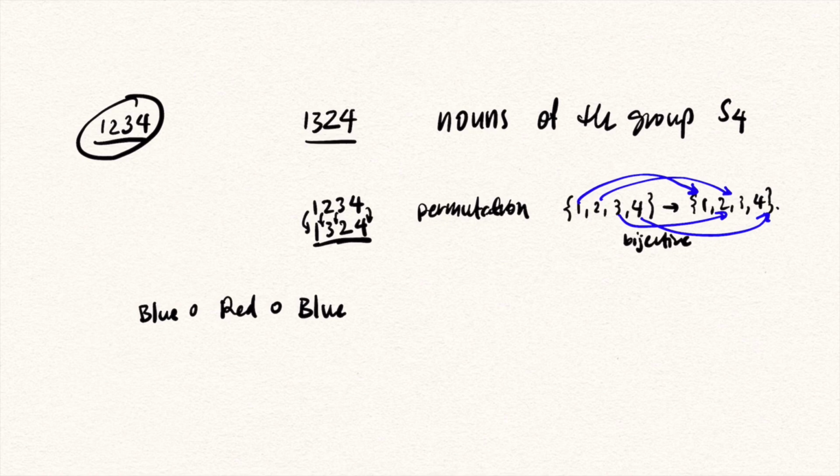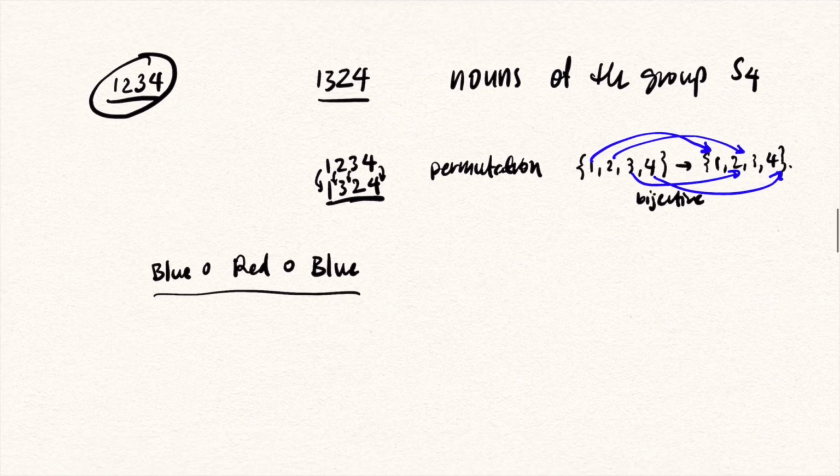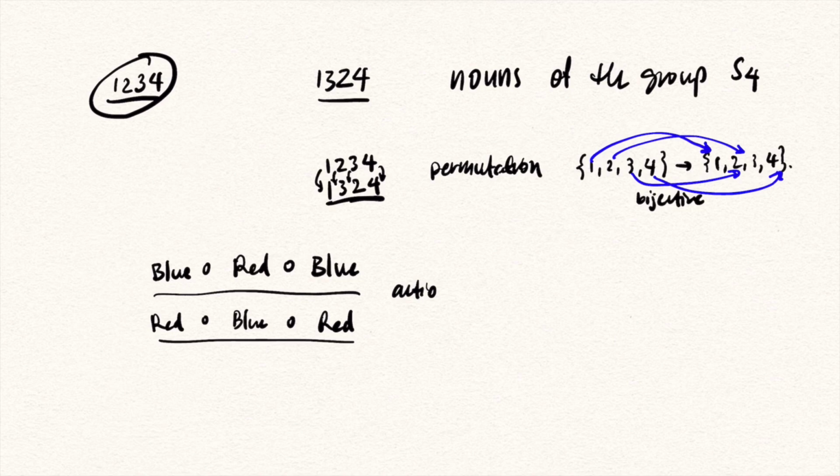Unfortunately, I'm following the function convention of composition going right to left. Also, we can see from the picture that the operation red, then blue, then red, produces the same thing. So these actions, or verbs, are the same.